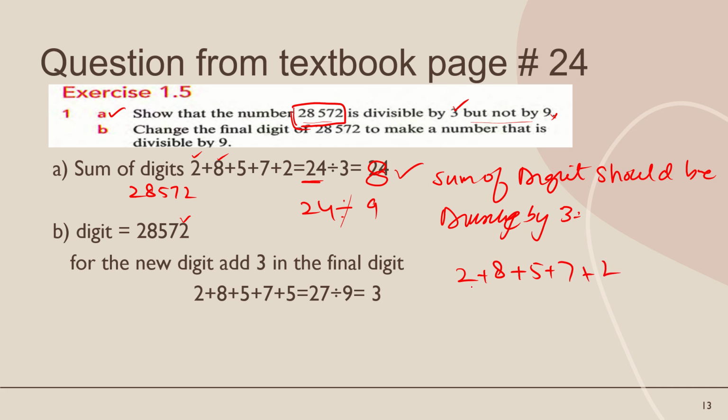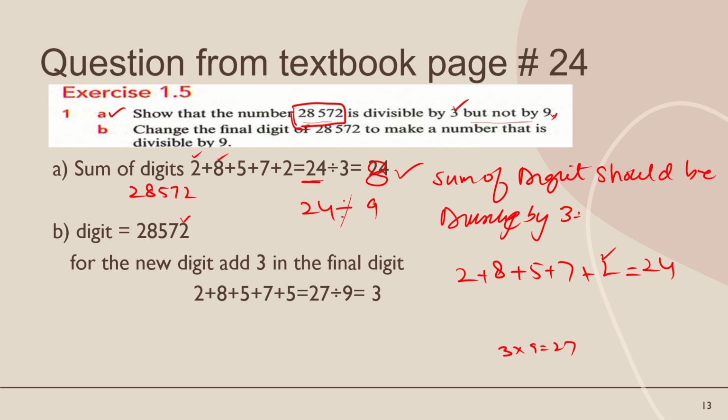If we add these, 2 plus 8 is 10, 10 plus 5 is 15, 15 plus 7 is 22, 22 plus 2 is 24. In the table of 9, we know that 9 times 3 is 27. It means that if we add 3 to the final digit, we will get 27.